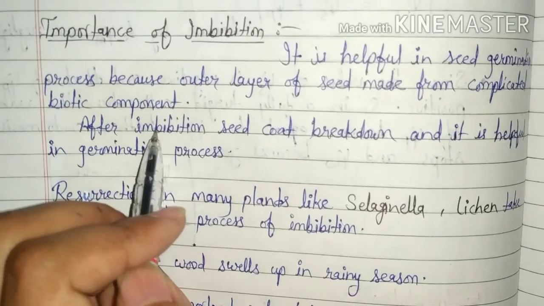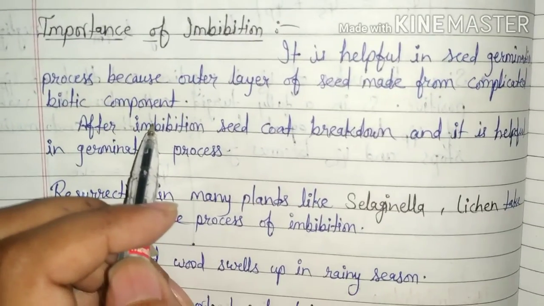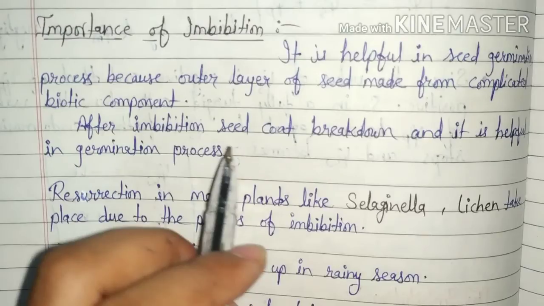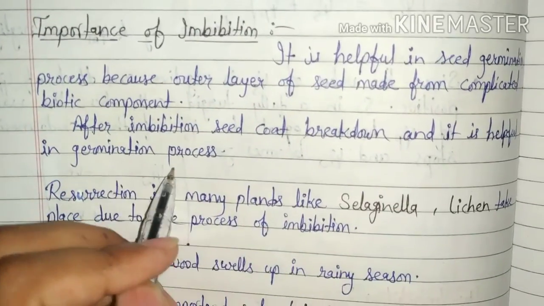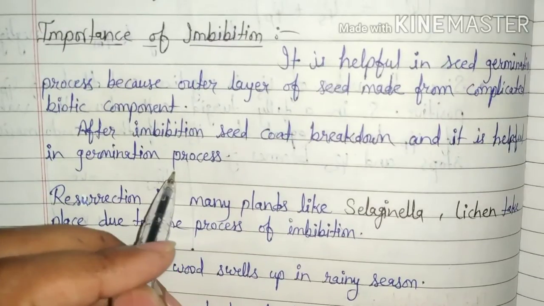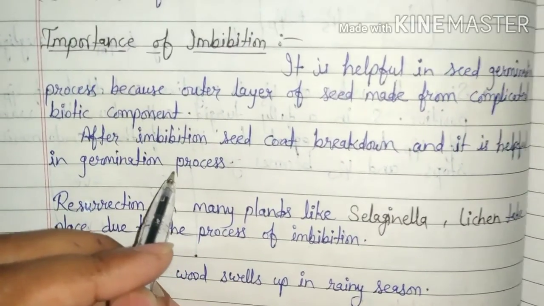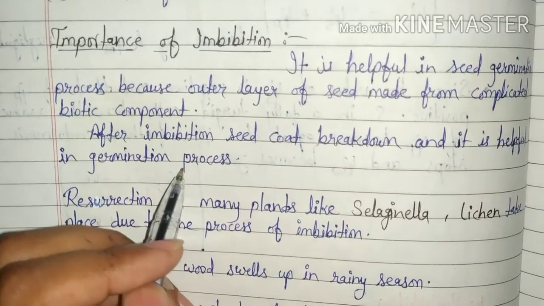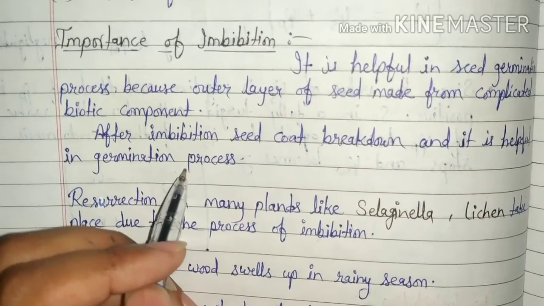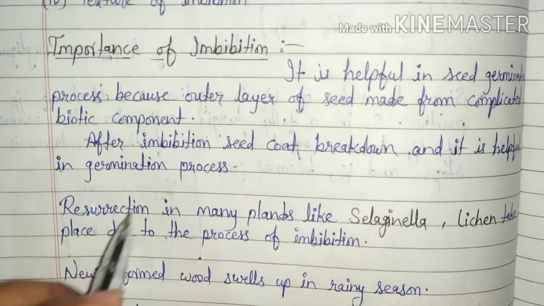After imbibition, meaning absorption of water by the seed, the seed coat breaks down and it is helpful in the germination process. It means in germinating seeds, the seed coat bursts due to imbibition pressure.